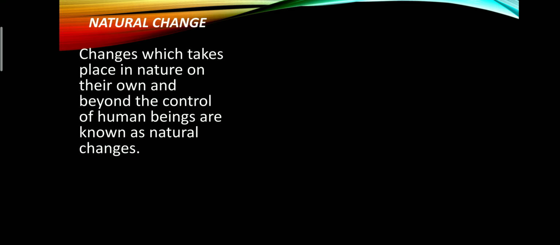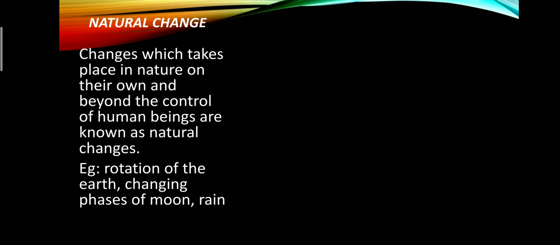Next is a natural change. Changes which take place in nature on their own, and human beings don't have control over those changes, we'll call that a natural change. Example, rotation of earth.